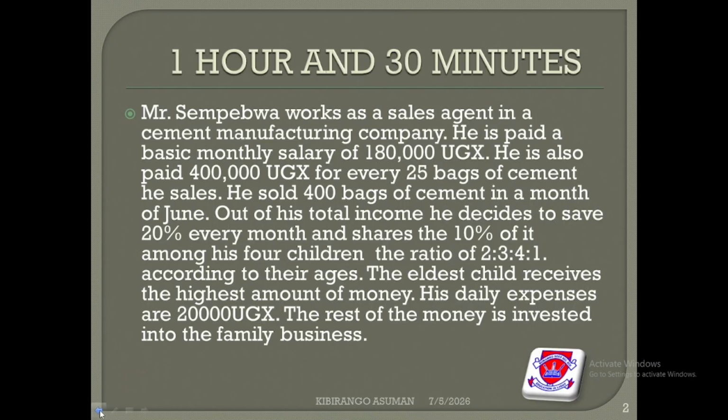Mr. Sempebwa works as a sales agent in a cement manufacturing company. He is paid a basic monthly salary; every month he receives 1,800,000 Ugandan shillings, and he is also paid 400,000 Ugandan shillings for every 25 bags of cement, and he sold 400 bags, which means that when we divide 400 by 25, we get 16, and 16 multiplied by each bundle of 25, we get 6,400,000 Ugandan shillings.